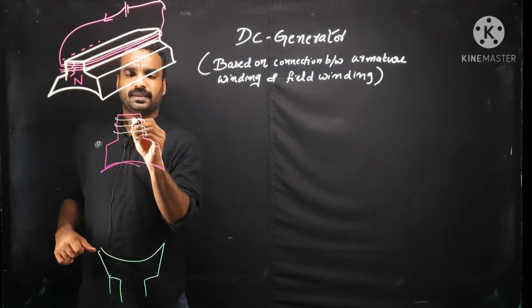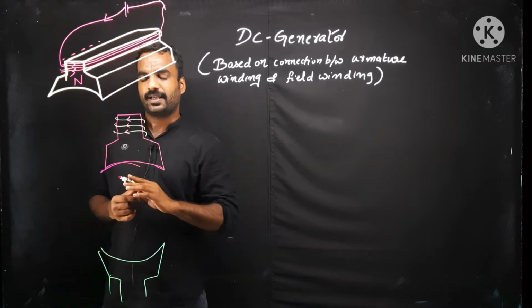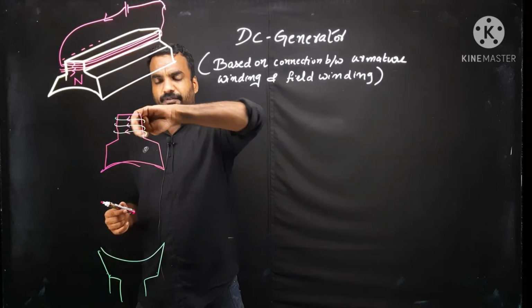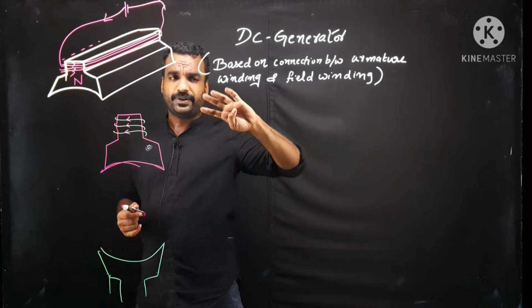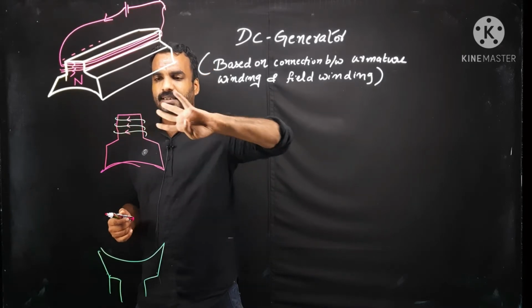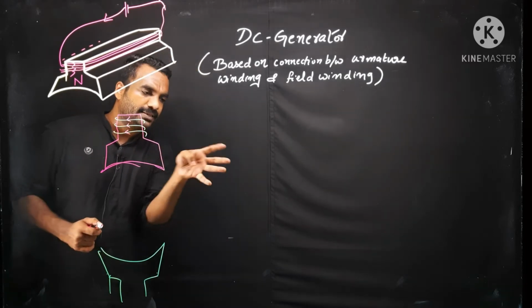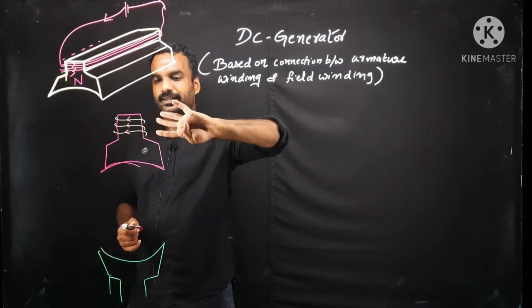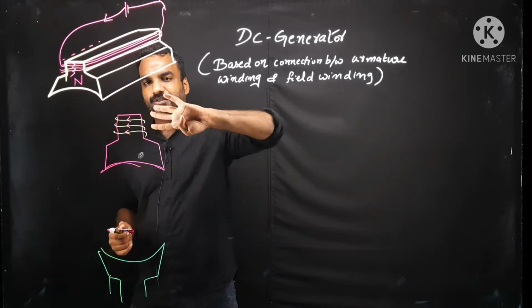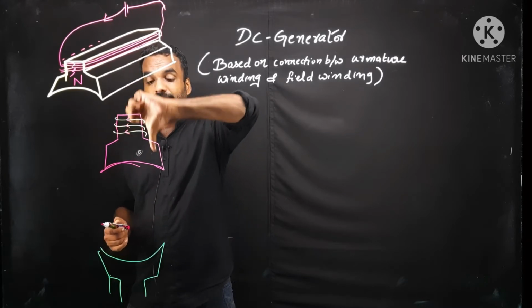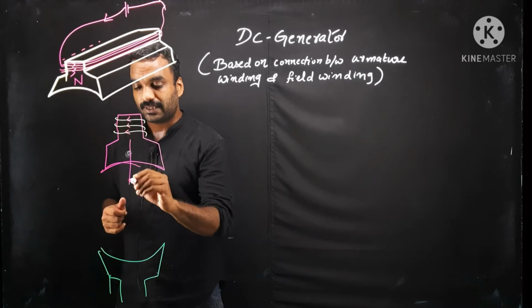Suppose current is going in this direction. What happens? We have to apply right hand thumb rule. If the fingers represent current, you can see current direction can have two possibilities, either this direction or this direction. Here this is the direction. If the fingers represent the direction of current, then the thumb represents direction of flux. So this is the direction of flux.